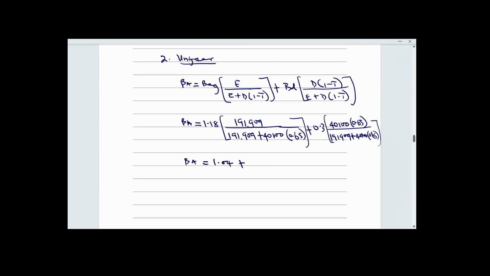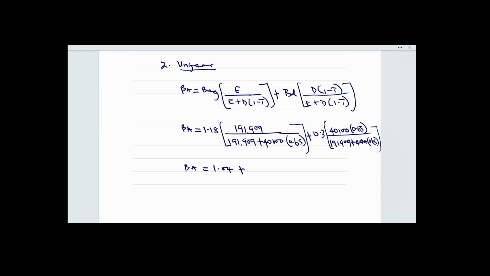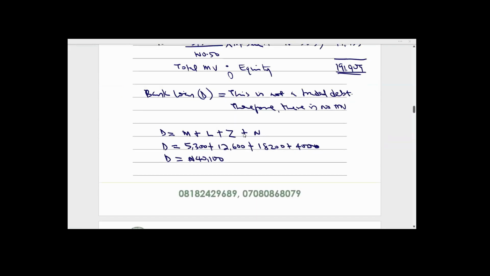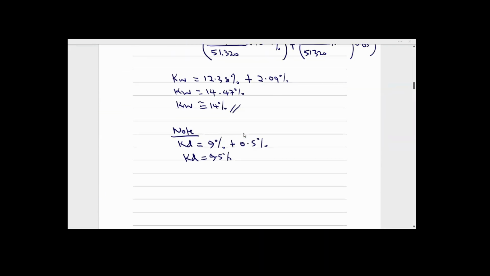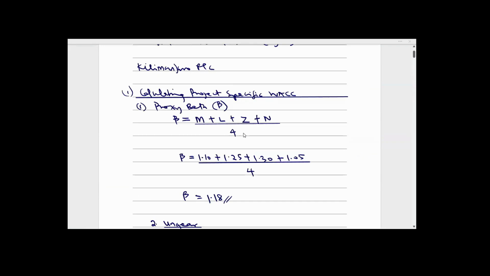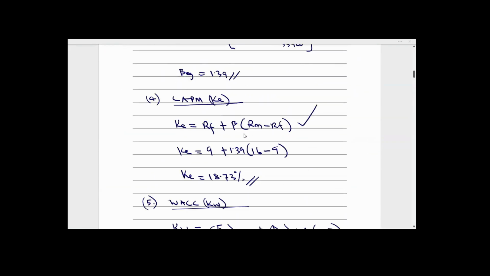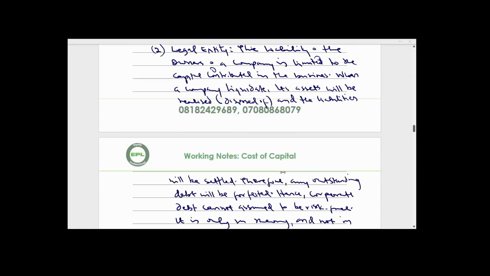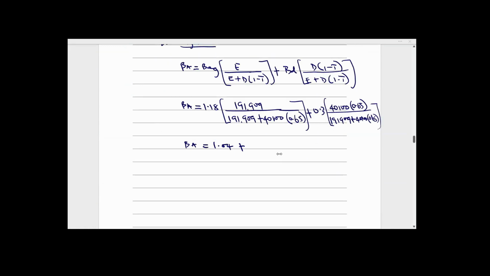From the right side, it will be 4,100 multiplied by 0.65, then divided by 217,974, then multiplied by 0.3.